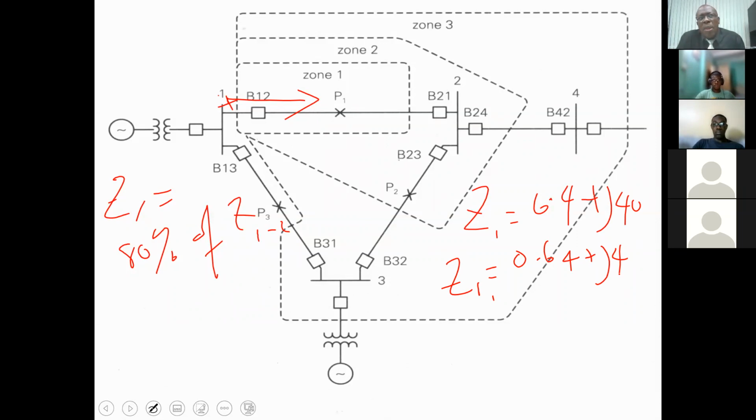But of course, we know by now that complex numbers are a concept, and we don't have an imaginary axis. So it means that the setting ZR1, find the modulus of this, and of course the angle.